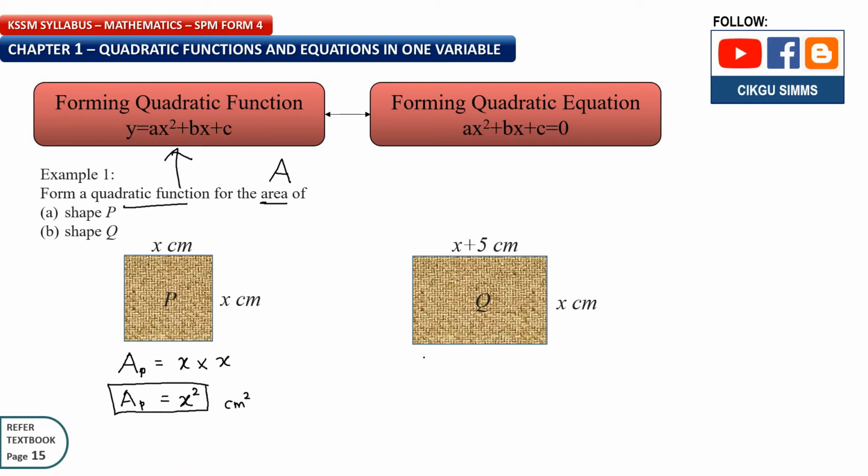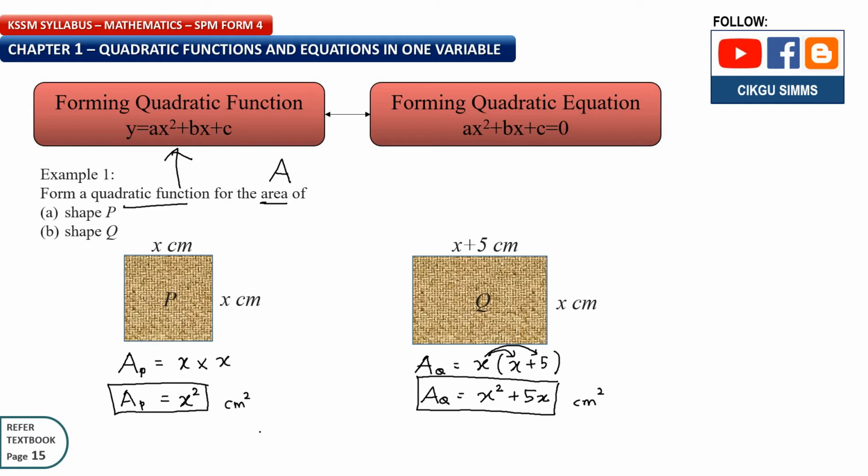For this question, area of Q is x times x plus 5. You can multiply inside. So x times x, you get x squared. x times 5, you get 5x. So this is the quadratic function, and the unit is cm squared.